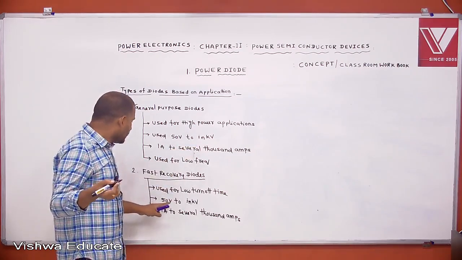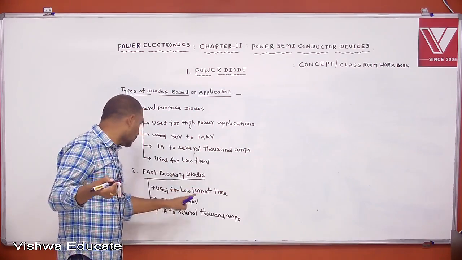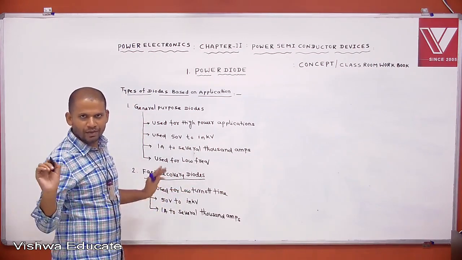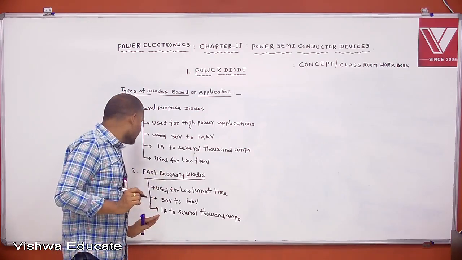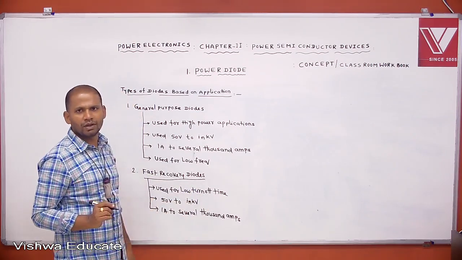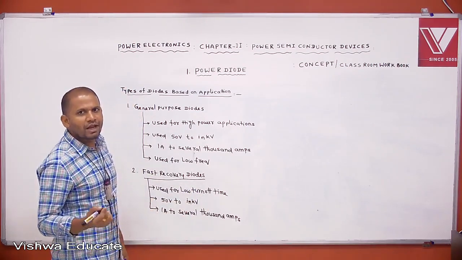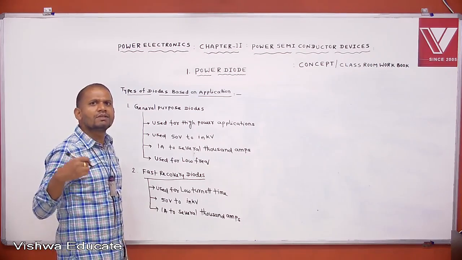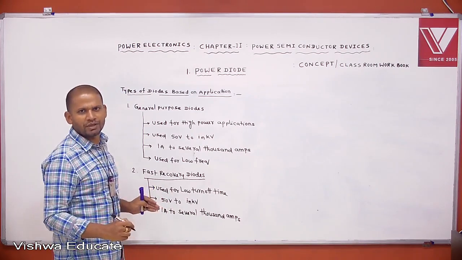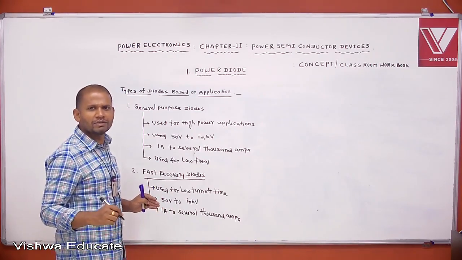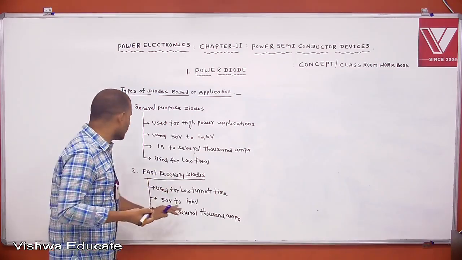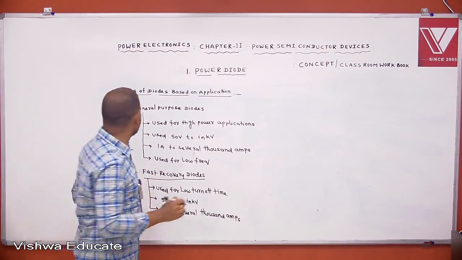They are used for 1 ampere to several thousand amperes. The main point for fast recovery diodes is low turn off time applications. Its turn off time is less than 25 microseconds, nearly 15 microseconds, or it may be 10 microseconds.